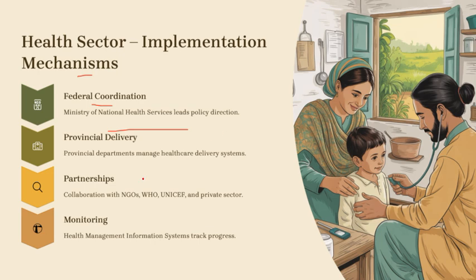For example, in Punjab, health care services are provided locally through basic health units and DHQ, meaning district headquarter hospitals. NGOs such as MSF and organizations like the World Health Organization and UNESCO are also key partners in many programs. Performance is monitored through the Health Management Information System, HMIS, to ensure data-driven decision making.